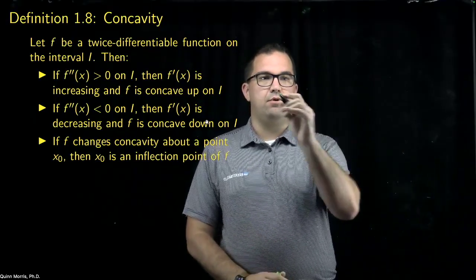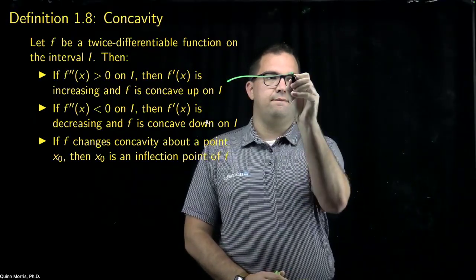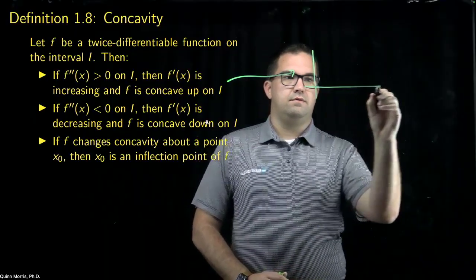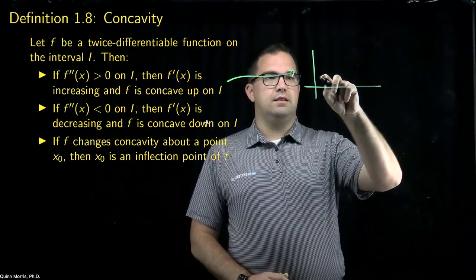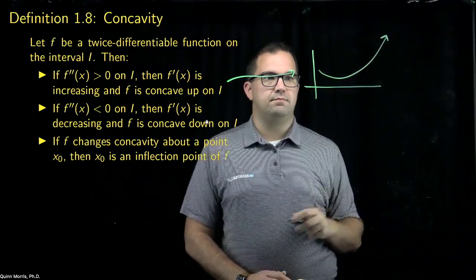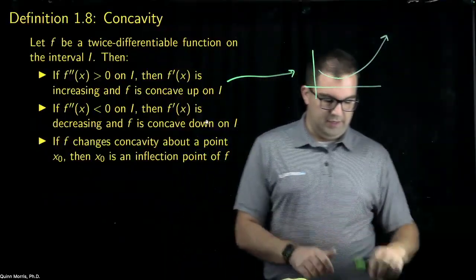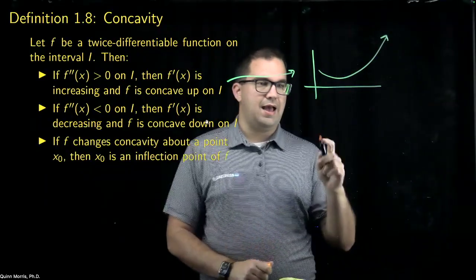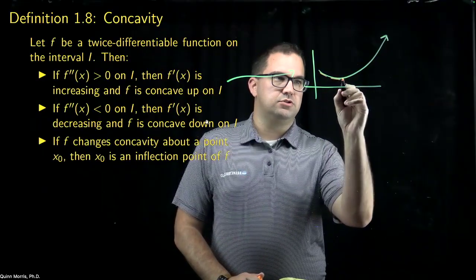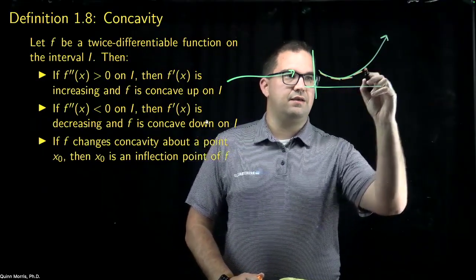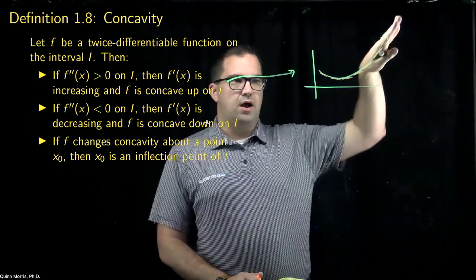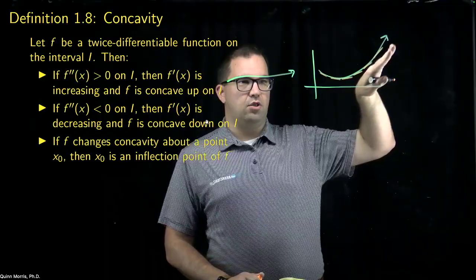So to give you an example of this first piece, if I have a function, and let's say it looks something like this. Now notice what's happening here. If I look at derivatives along the way, to start off with, those derivatives are negative, but then they become positive. And as I move along to the right here, the derivatives themselves are becoming larger and larger.